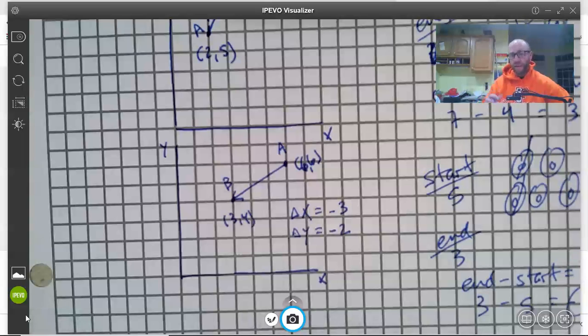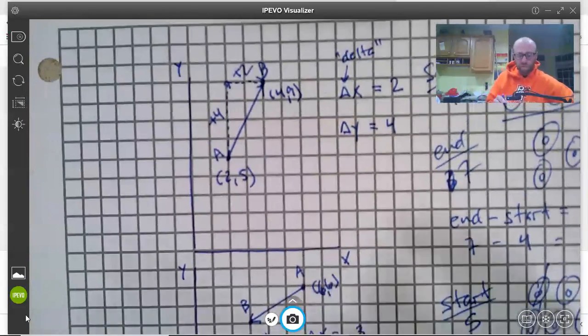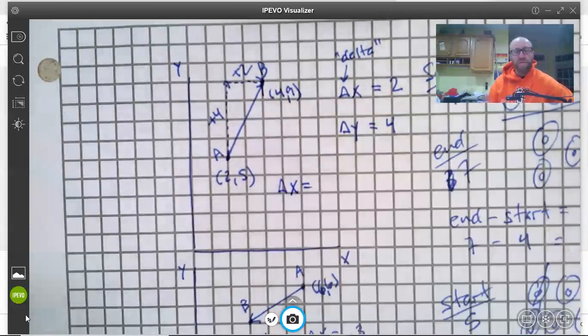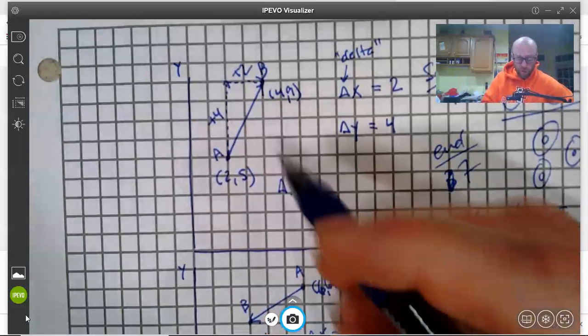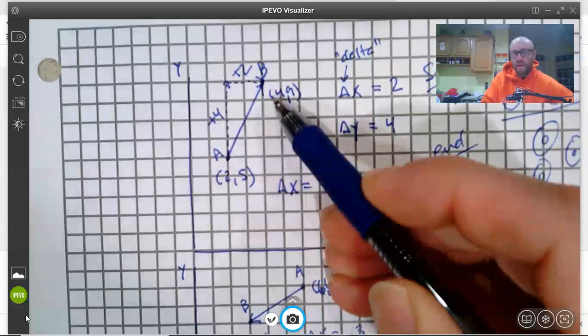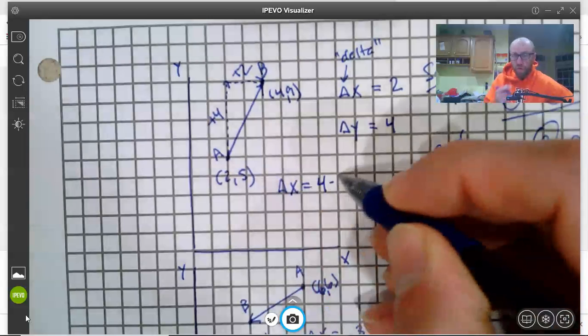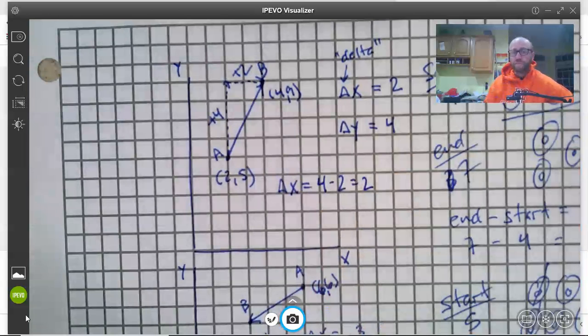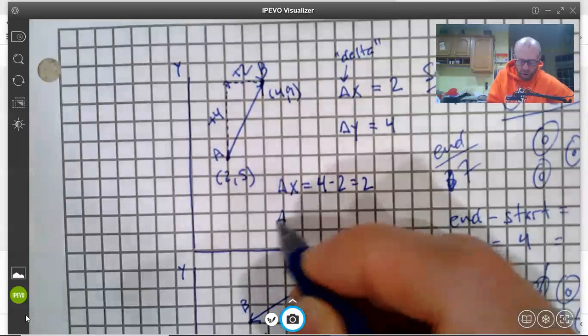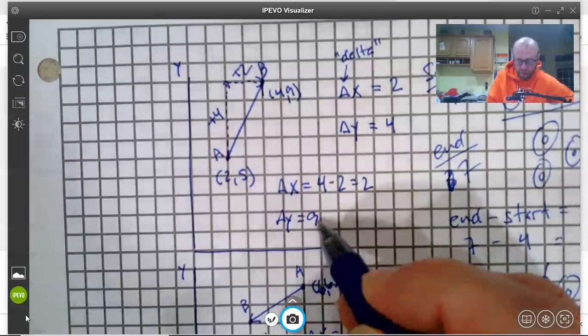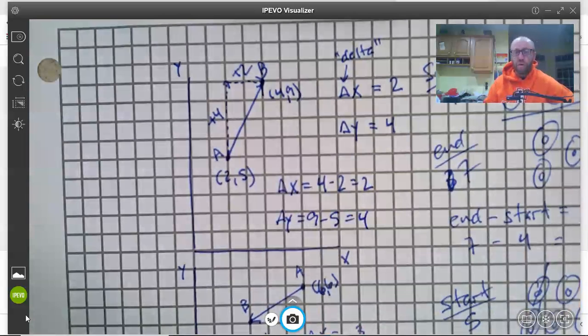The y value decreased. So if we want to calculate that, and we can do it for these 2 examples here, our change in x is the same as we calculated with the donuts. It's end minus start. So if we traveled from x equals 2 to x equals 4, our change in x would be 4 minus 2 is 2. And our change in y would be 9 minus 5 is 4.